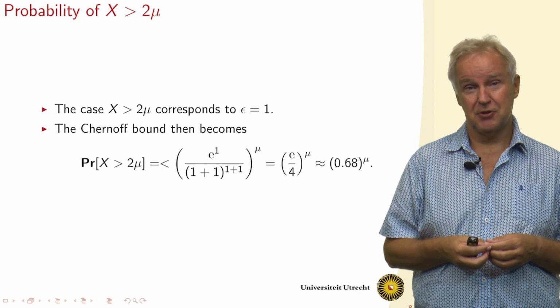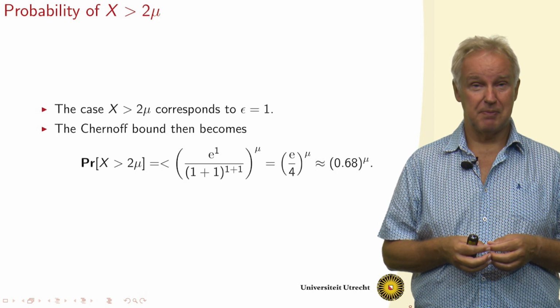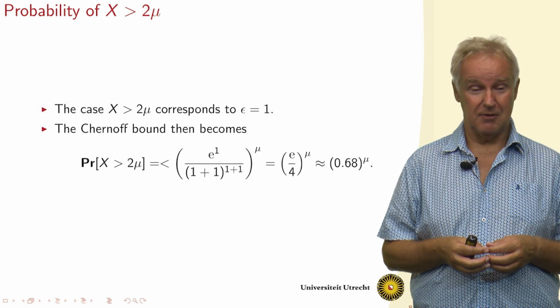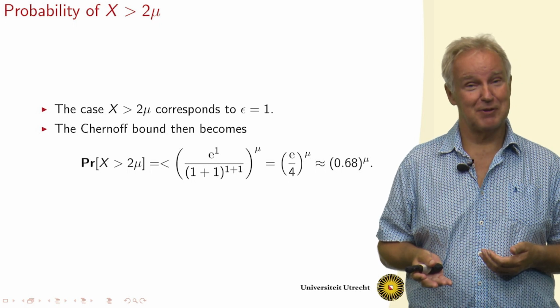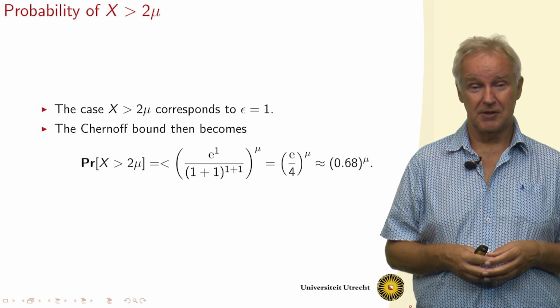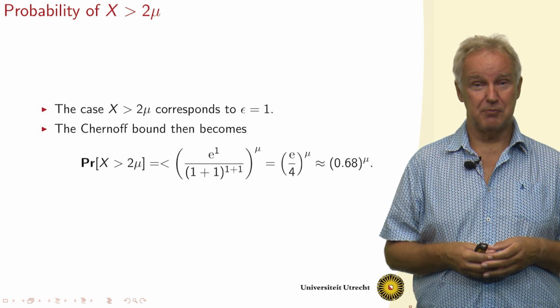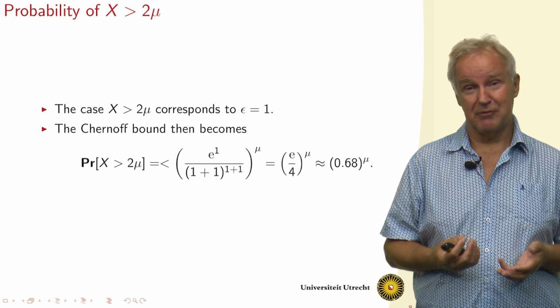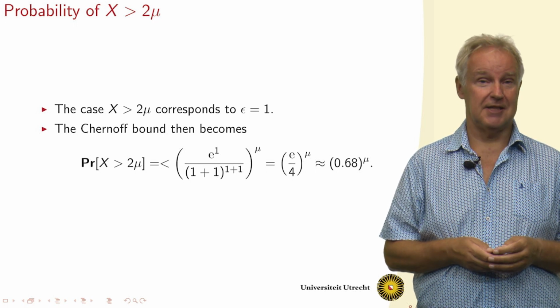And then you substitute, and then you get e to the power 1 divided by 1 plus 1 to the power 1 plus 1, which is 4. So it's really e divided by 4 to the power mu. And e divided by 4 is about 0.68.